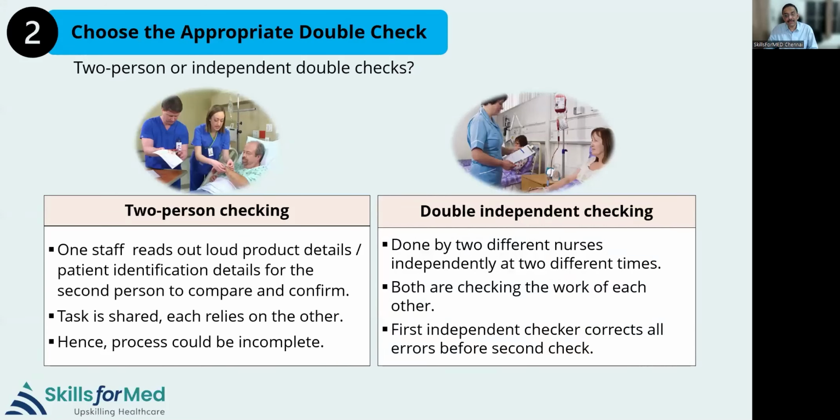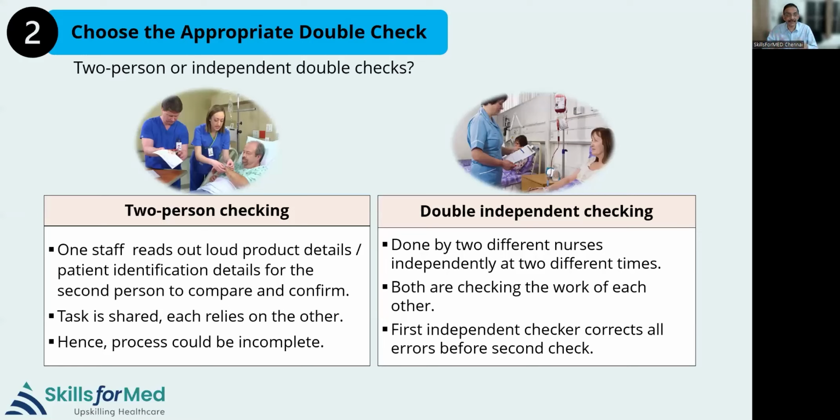The first independent checker will correct all the errors before the second check, and the second person will see whether you have done all that right. So here each person is solely responsible, and this will reduce the medication errors. But it has drawbacks because it takes time and it is repetitive. When you have high volumes of patients, this is not possible. It is much easier to get two people to check it and get the work done.